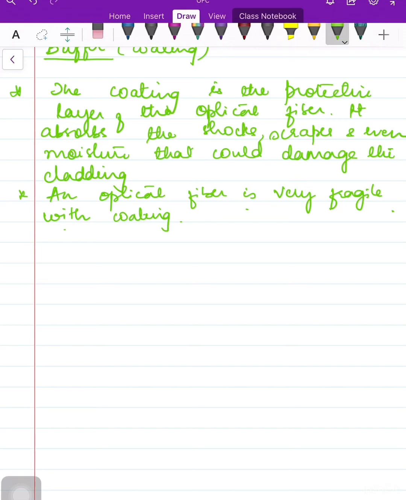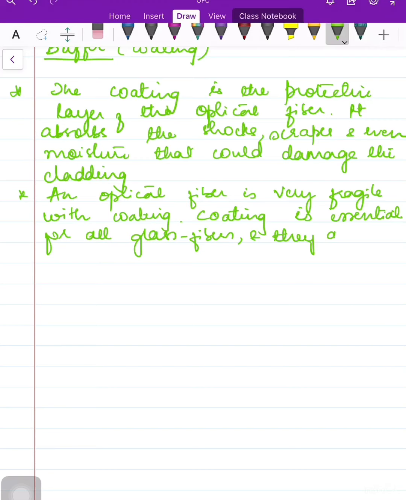What I could write is something general, because we are only talking about general components. So the coating is essential for all glass fibers, and they are not solid without coating.